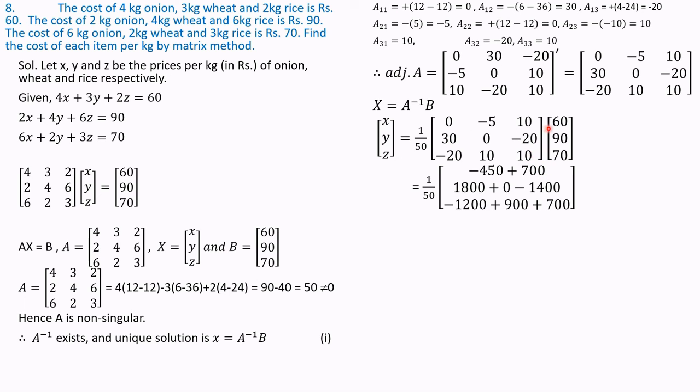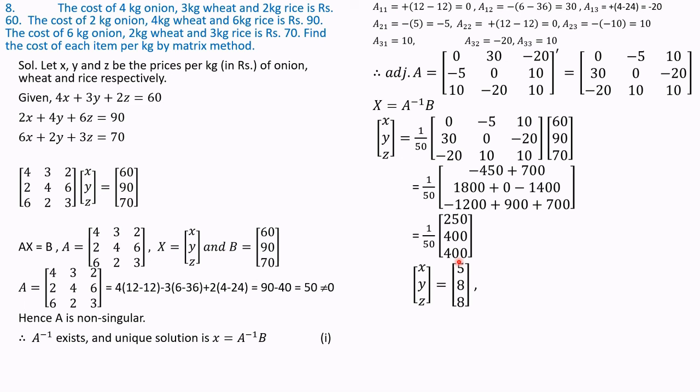Then 30 into 60 is 1800, 0, and minus 20 into 70 is minus 1400. Minus 20 into 60 is minus 1200, 10 into 90 is 900, 10 into 70 is 700. Simply adding each row, we get 250, 400, 400. That is 1 by 50 into 250, 400, 400.